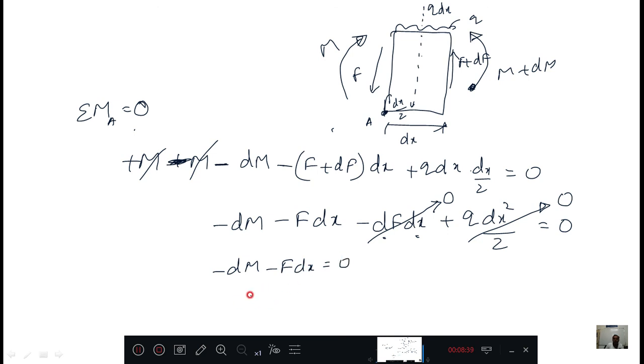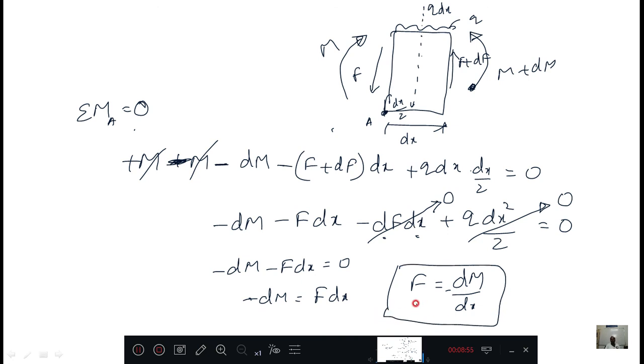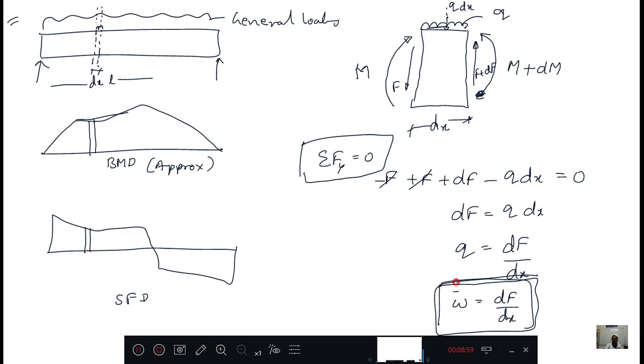Then you can call that minus dM is equal to F dx, and F is equal to dM by dx. You can call it minus also, no problem, minus only indicates direction. This is your relation between shear force and bending moment, and the earlier one is your relation between shear force and load intensity. This is the only derivation in the third module. Thank you.